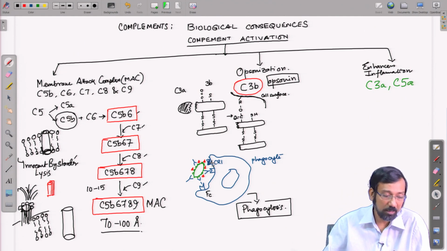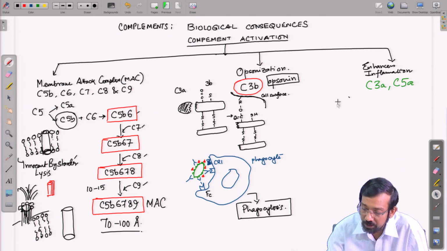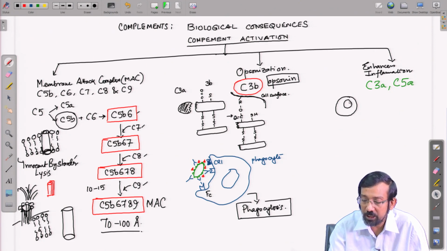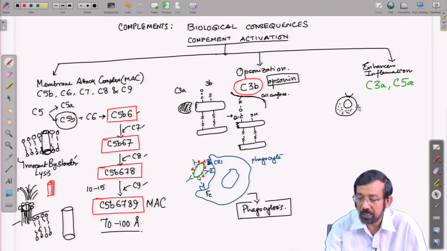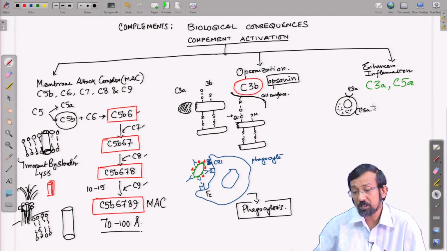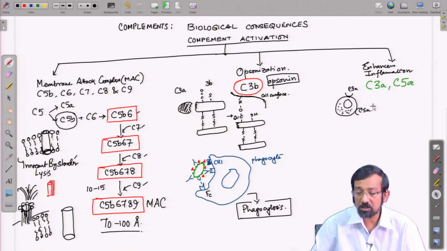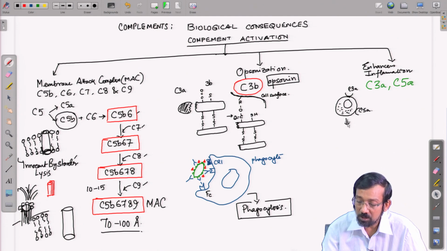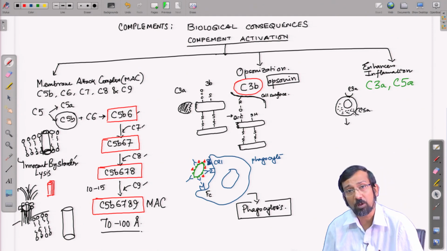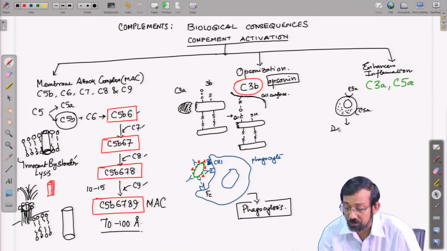A third process that the complement proteins initiate, or the cleavage products of these complement proteins initiate, is enhancing inflammation. So, they can bind to receptors that are expressed by specialized cells which contain these granules, the granulocytes, and binding of these complement cleavage products can lead to degranulation.